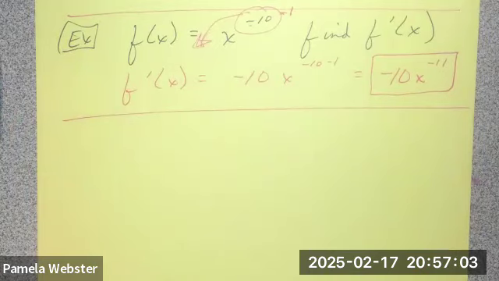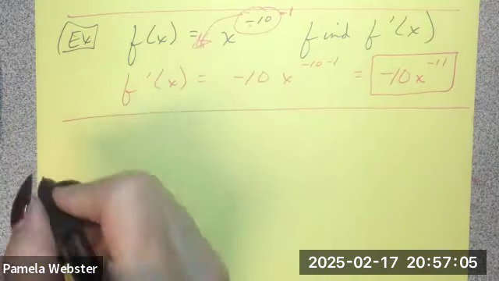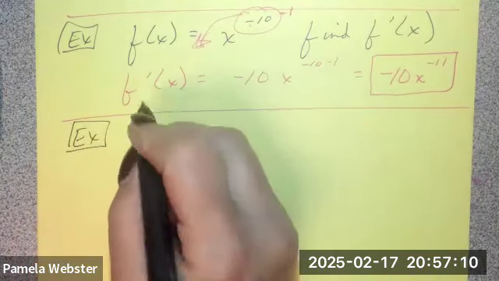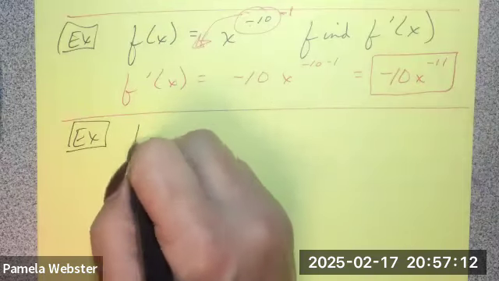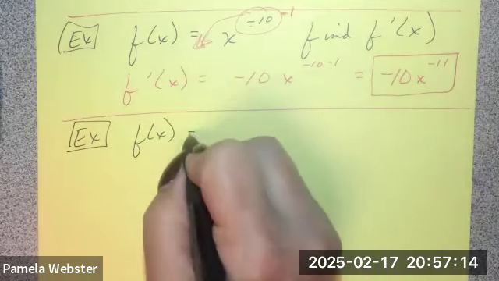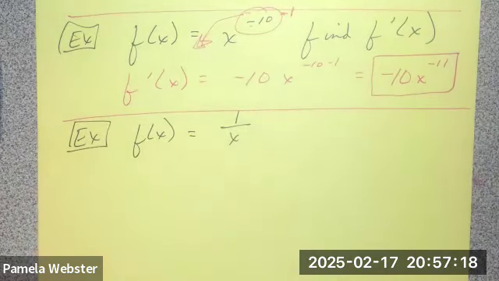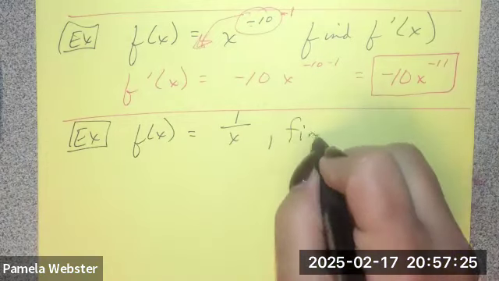How about this one? This one you're going to have to think a tiny bit. Okay. This actually leads us to the problem that we did last time. Let's just do 1 over x. Last time we did this by hand and it was kind of a long thing.